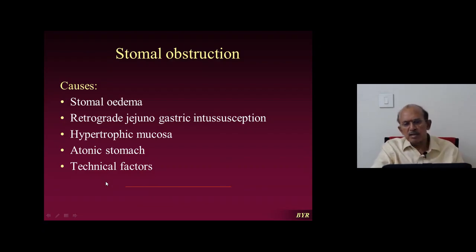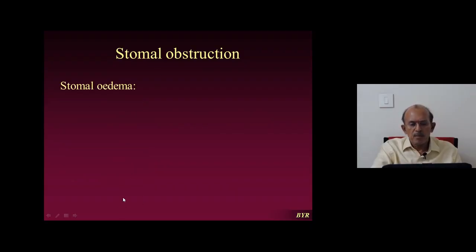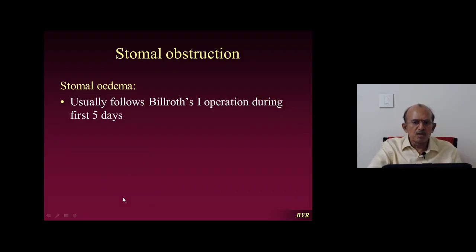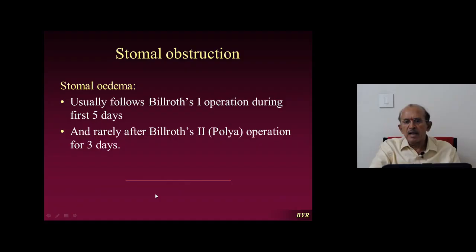When you don't follow the proper rules of gastrojejunostomy, that means no loop anastomosis, posterior wall, vertical, isoperistaltic, then the problems will be very less. If you don't follow those rules, it can lead to this stomal obstruction. Stomal edema usually follows Billroth-1 operation during the first 5 days and rarely after Billroth-2 operation.